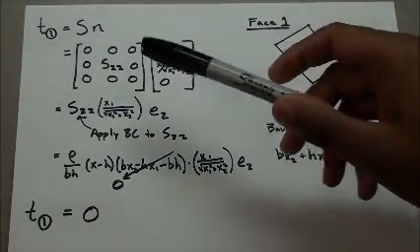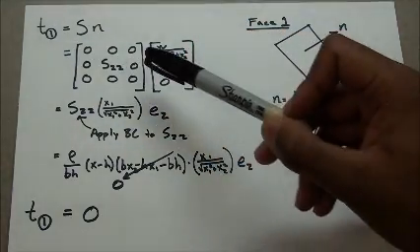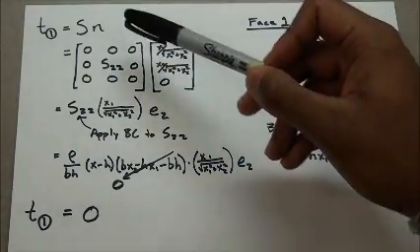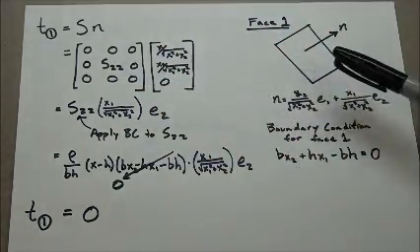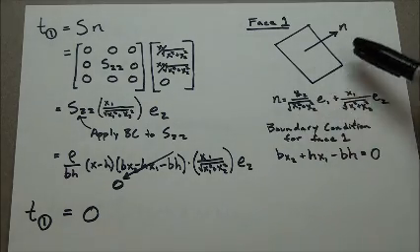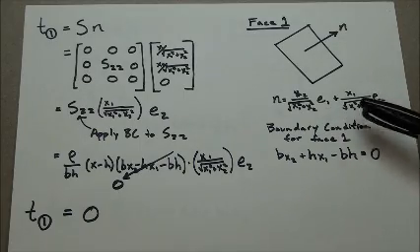To find the traction for face 1, we take the stress tensor times the normal vector, and we found that the normal vector has components in the E1 and E2 directions.